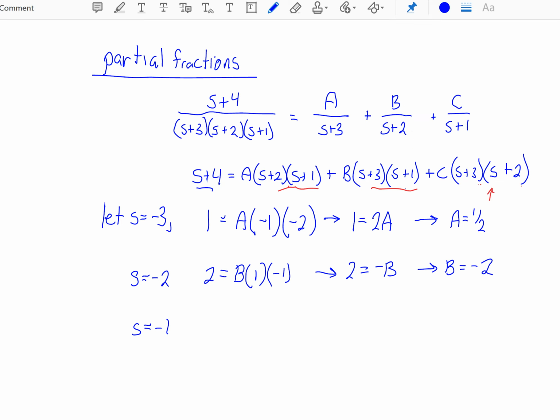So if s is negative 1, the left-hand side will become 3 equals c times, if s is negative 1, s plus 3 is 2. And if s is negative 1, s plus 2 becomes 1. Which gives us the equation 3 is equal to 2c. And so that c is equal to 3/2.